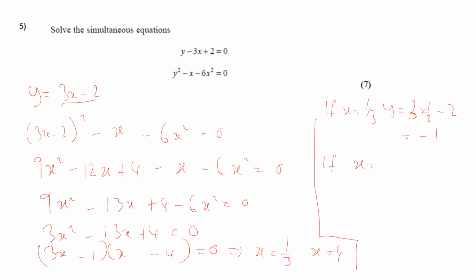And if x equals 4, then y equals 3 times 4 minus 2, which equals 10. Alright, so the solutions are 1/3 and minus 1, and then we've got 4 and 10. Put them together as a pair, always looks good. Okay, so that's number 5.